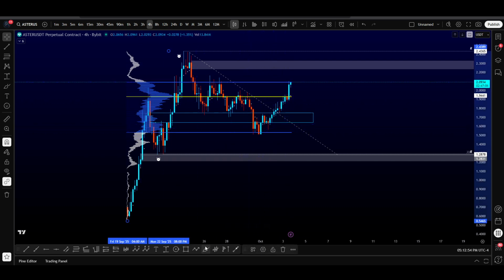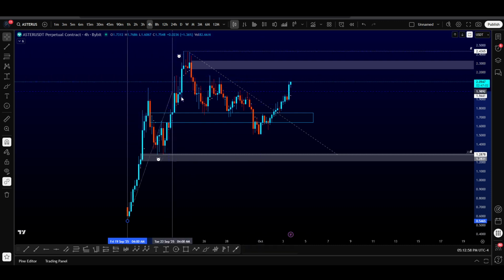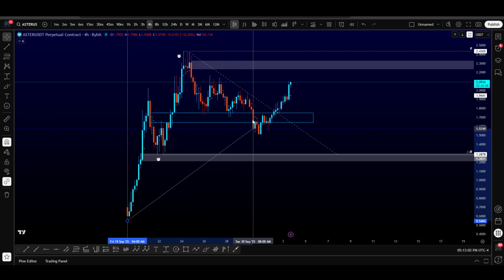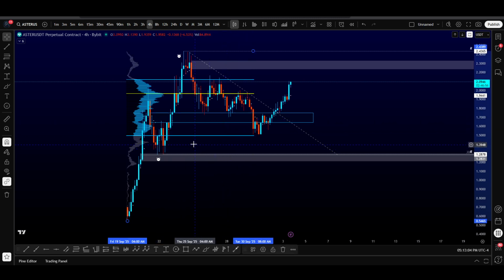Now, one thing to keep in mind is that we can switch this to, let's just say, the fixed range volume profile, right? So price is starting to trade here. Let's just see where the value area low is, right? So if you were trading this project, you'd say, okay, on this day we could go ahead and try to target the value area low, and then look exactly what happened, right?